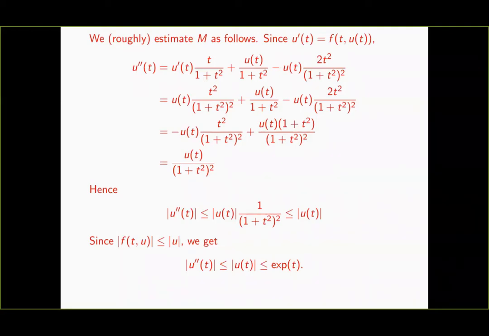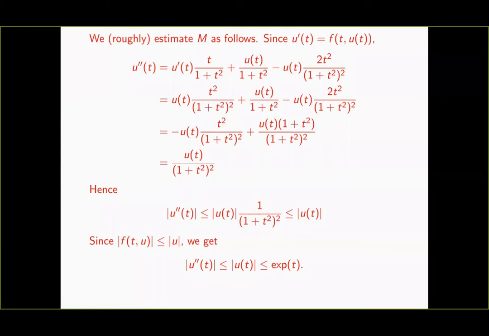Now I do some very simple algebraic manipulations, and I get that the second derivative u''(t) = u(t)/(1 + t²)². So if I take the absolute value of u''(t), then a very simple upper estimate tells me that this is bounded from above by the absolute value of u(t).